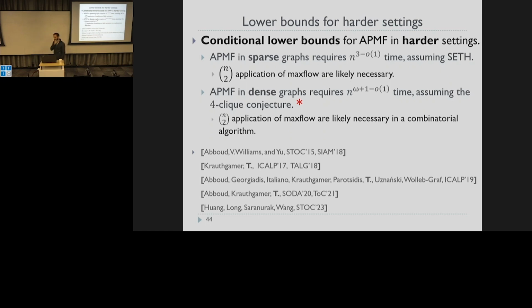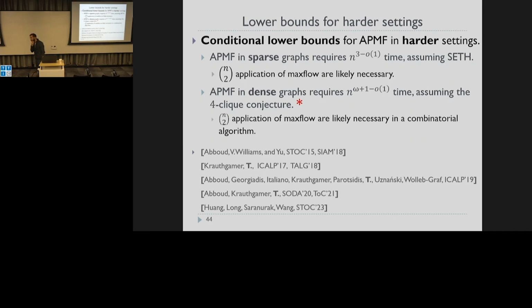Do you use k-SAT when k goes to infinity? Yes, I didn't want to go into these details, but this is a more precise definition of SETH. As k goes up, the running time required is closer to 2 to the n.